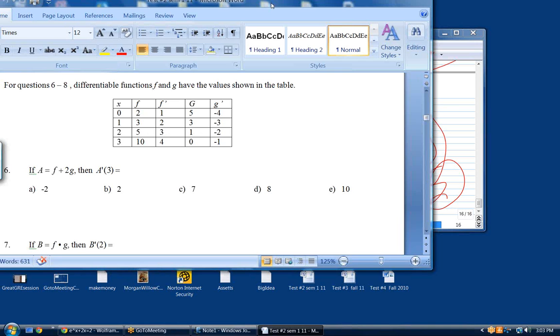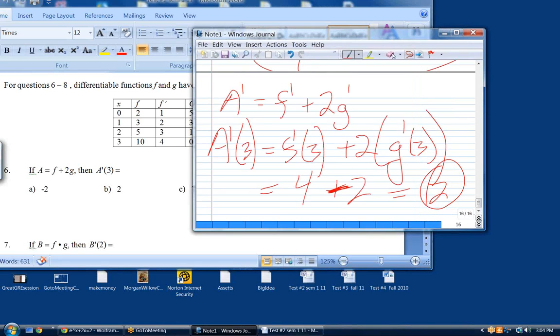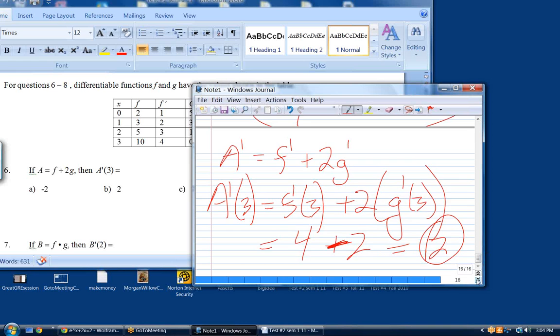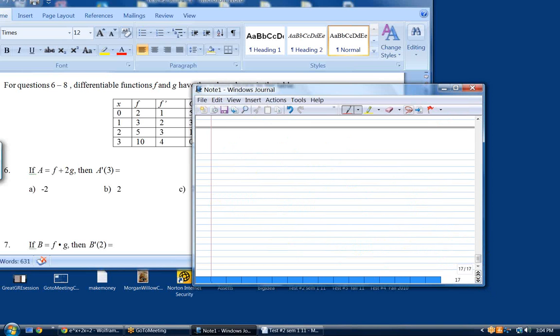We'll do the next one exactly the same way. If B equals F times G, then what is B prime equal to? F prime times G prime?